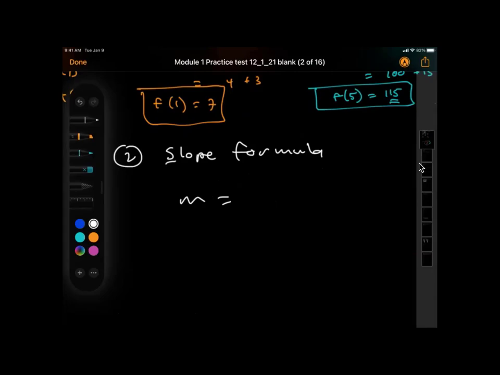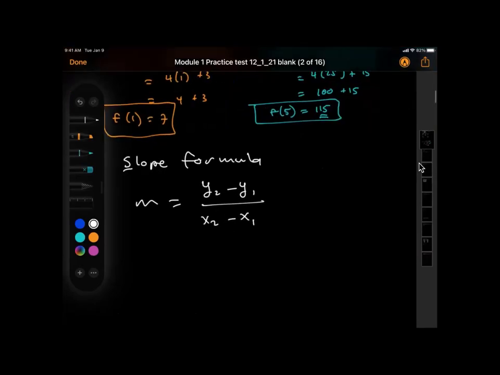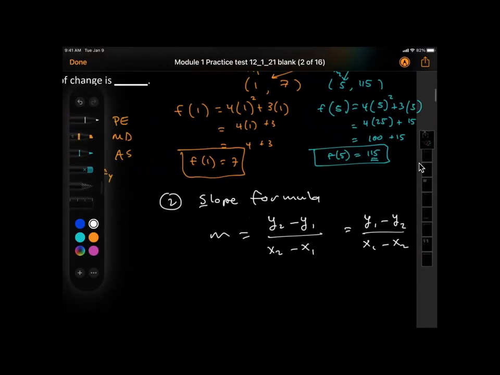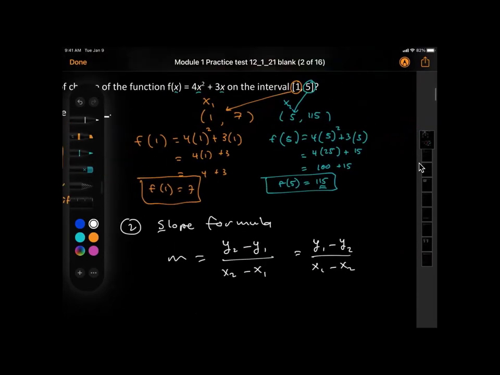It's actually a French word for slope or mountain. It is y2 minus y1 over x2 minus x1. It is okay if you flipped it and you said something like this, y1 minus y2 over x1 minus x2. And you're asking, where do I get these x1s, x2s from? Well, you get them back up here. x1, y1, x2, y2.